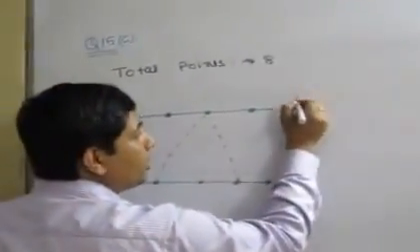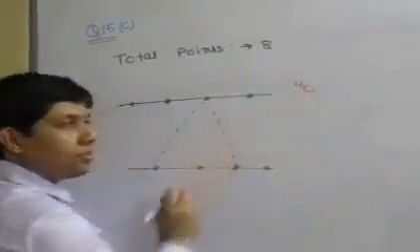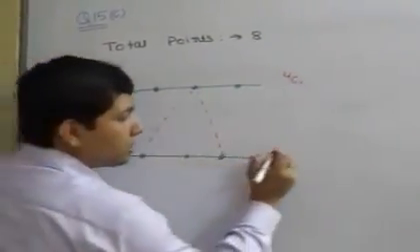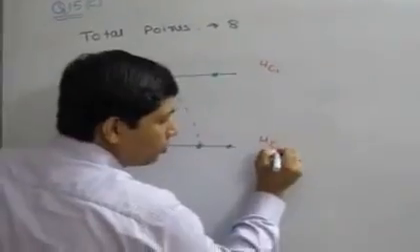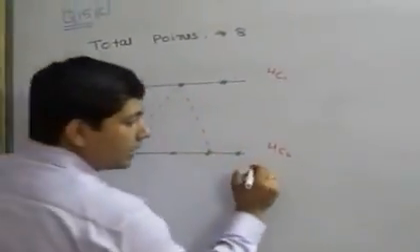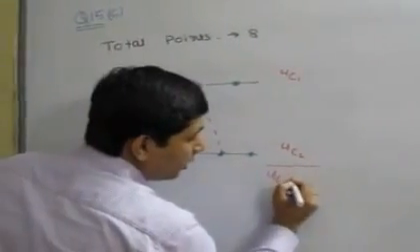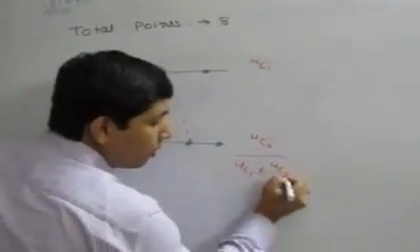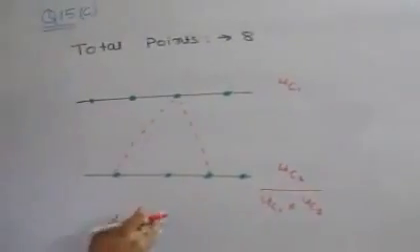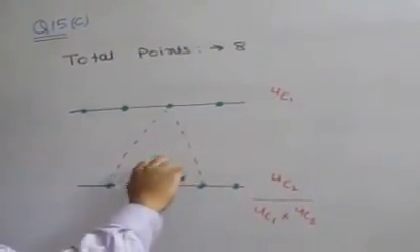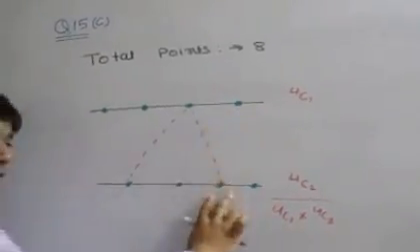So we have to select 1 point from this and 2 points from this. If you select 1 point from this, how many ways? 4C1 ways, and 2 points from this, how many ways? 4C2 ways. So the total number of ways in this case is 4C1 into 4C2, as we have to perform both. Now we may have a reverse case also, when we select 2 points from here and 1 point from here.